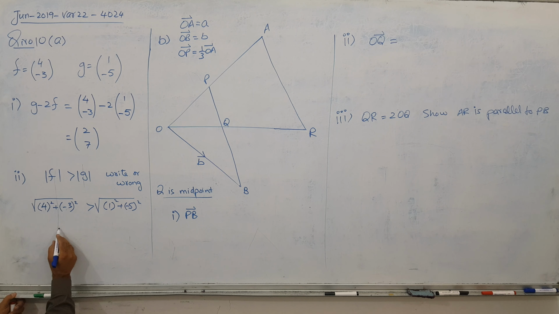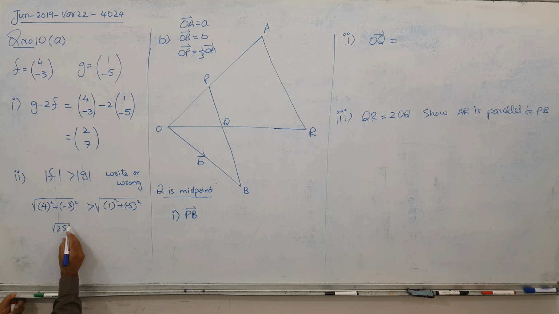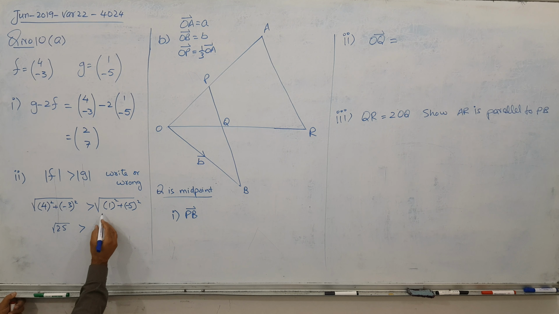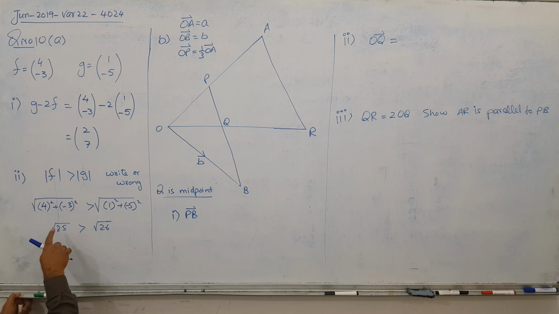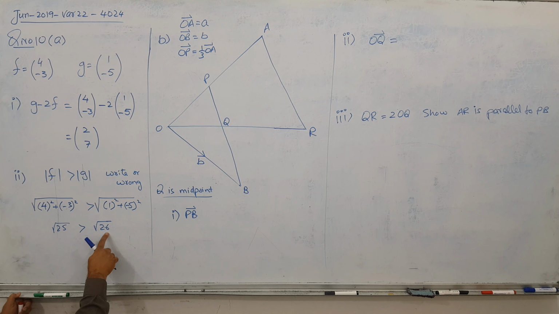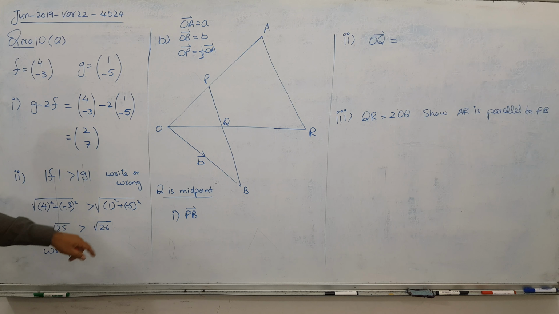That is 16 plus 9, 25, and 25 plus 1, 26. So this number is smaller and this number is bigger, so this is false because the statement is wrong. Even if you type it in a calculator, it comes in decimals, but it's very clear 26 is bigger.